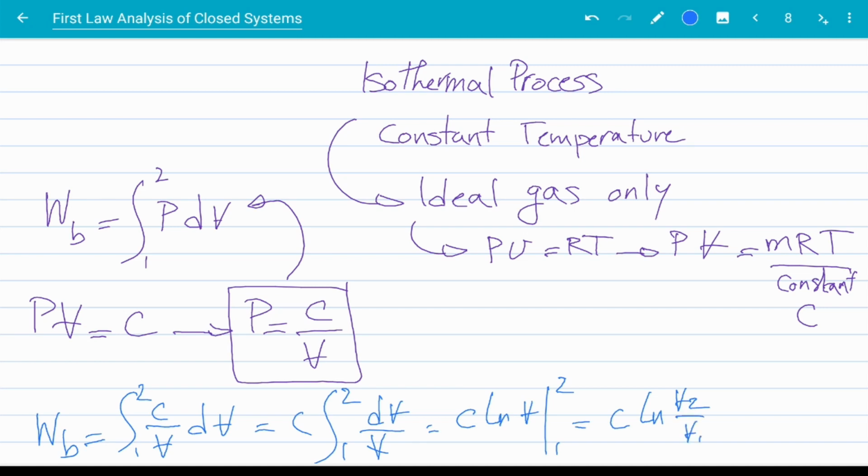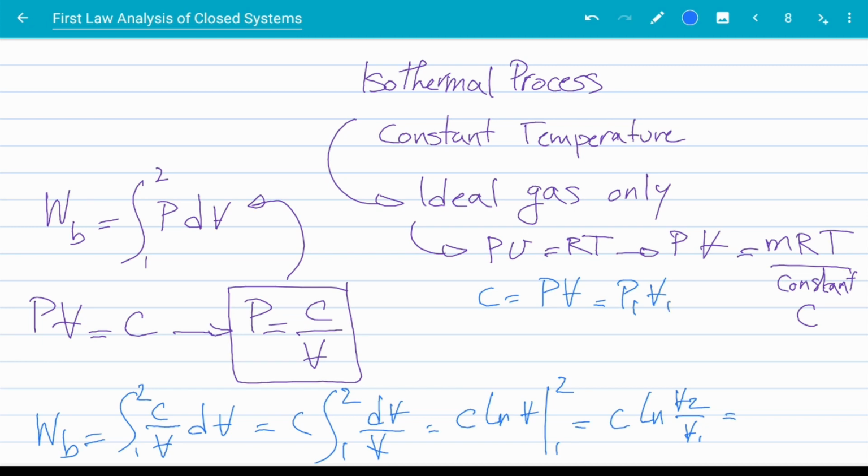Now remember that C is actually pressure times volume. And at any state during this process, pressure times volume is the constant C. So I'm just going to say C is pressure initially times volume initially.